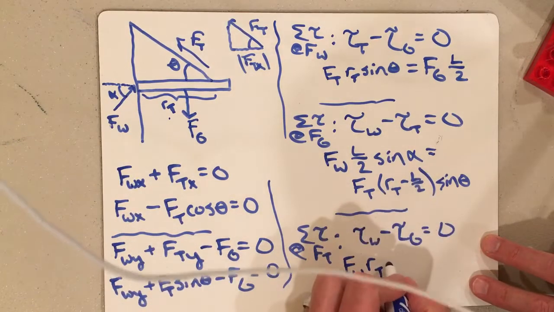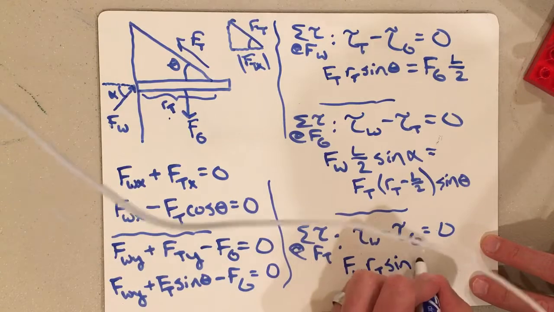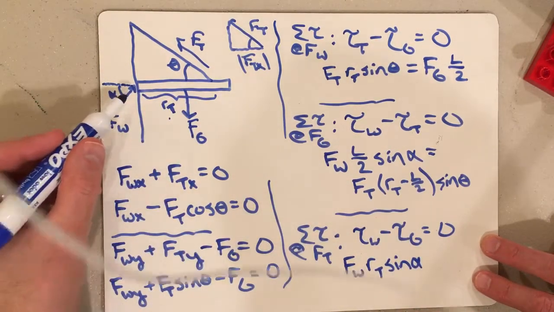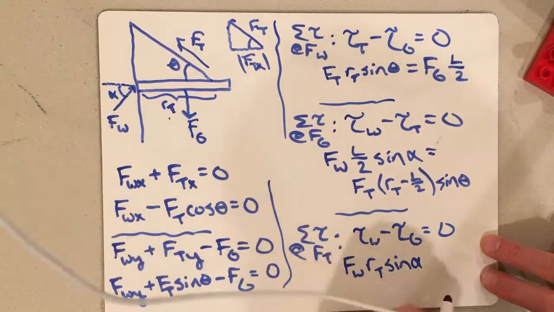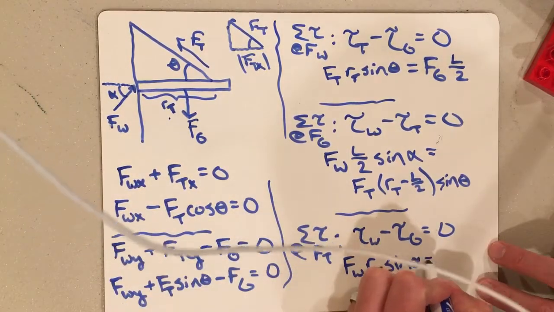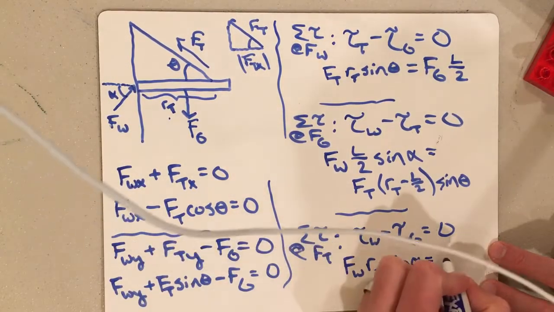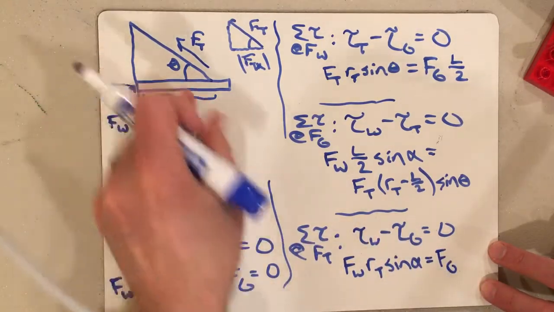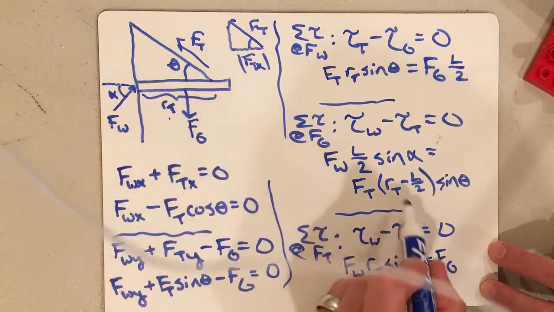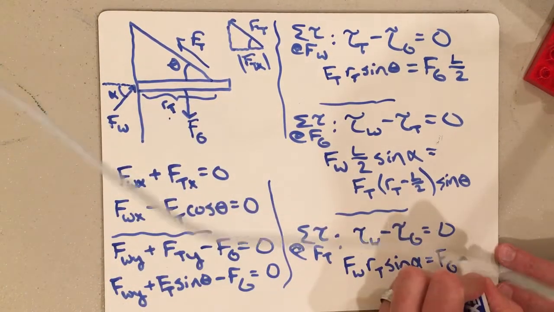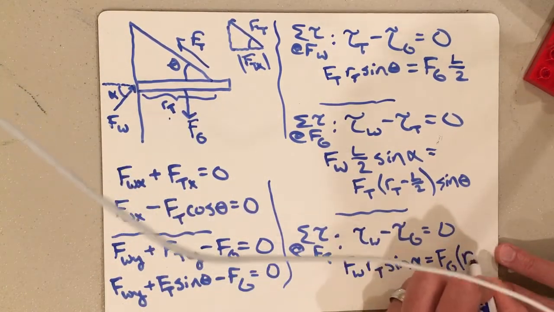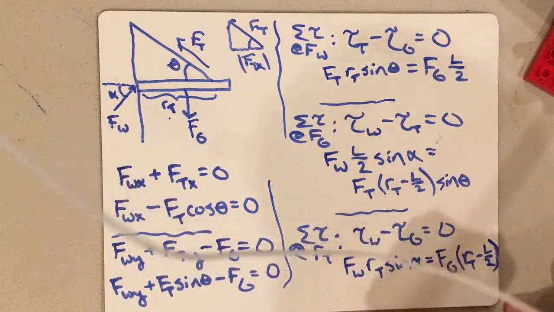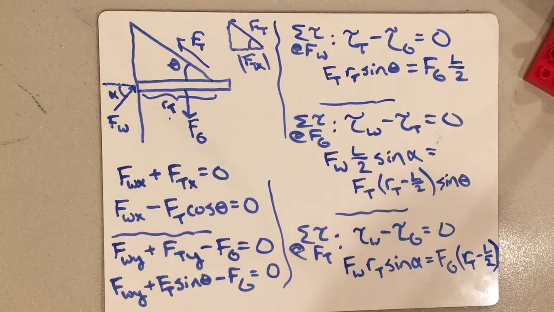Oh, alpha, that's right. It's the angle between the force and the lever, excuse me. And then we have F_g, and it's this tiny distance here, which again is just R_t minus L over 2. There we go. And that's it.